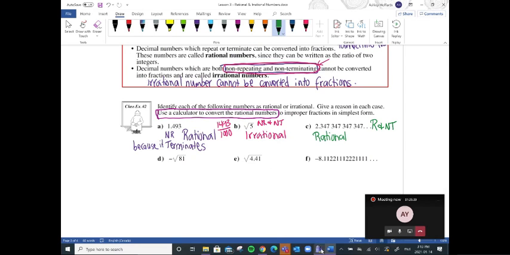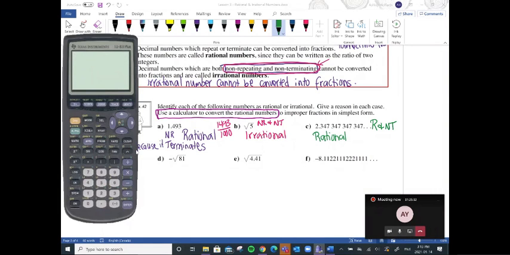And if we want to change this into a fraction, we would type in 2 point, and here's the trick with the calculator. To tell the calculator that this is a non-terminating decimal so that it goes on forever, we have to fill in the repeating numbers up to at least the end of the calculator screen. So we go 347, 347, 347, 347. You can't stop there. So that's what it gave us here on the piece of paper. If you stop there, because I didn't go all the way to the end, it tells the calculator, okay, it stops here.